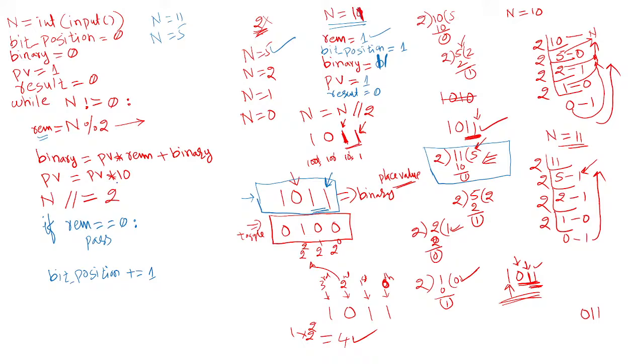Now incrementing the place value by 10 times, place value multiplied by 10. Previously it was 10, now it becomes 100 here. Then the n value is reduced, n value now becomes 2 here. Now you check here, if remainder is equal to 0, what is the remainder we got?